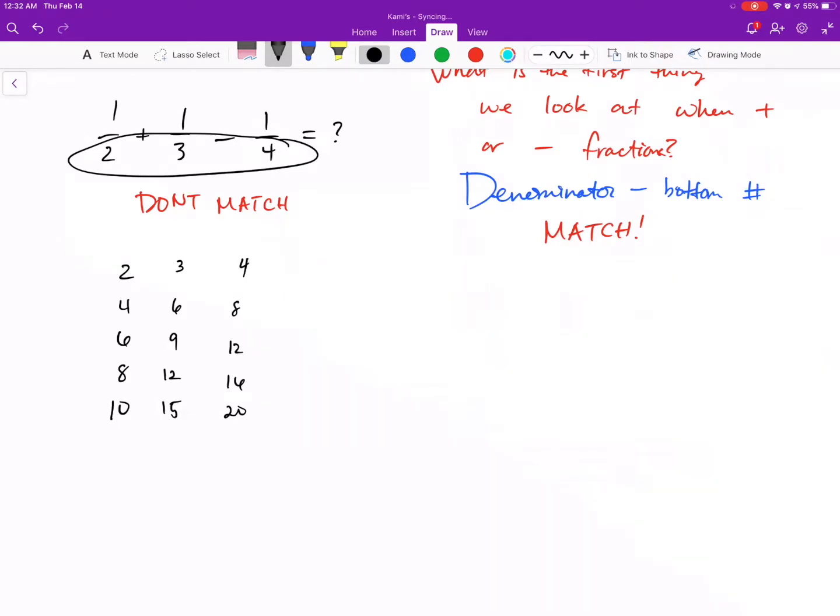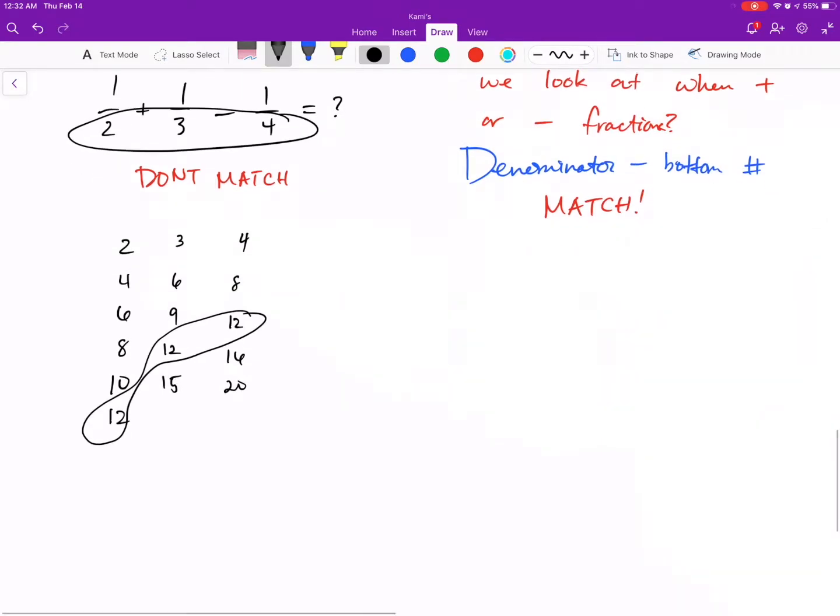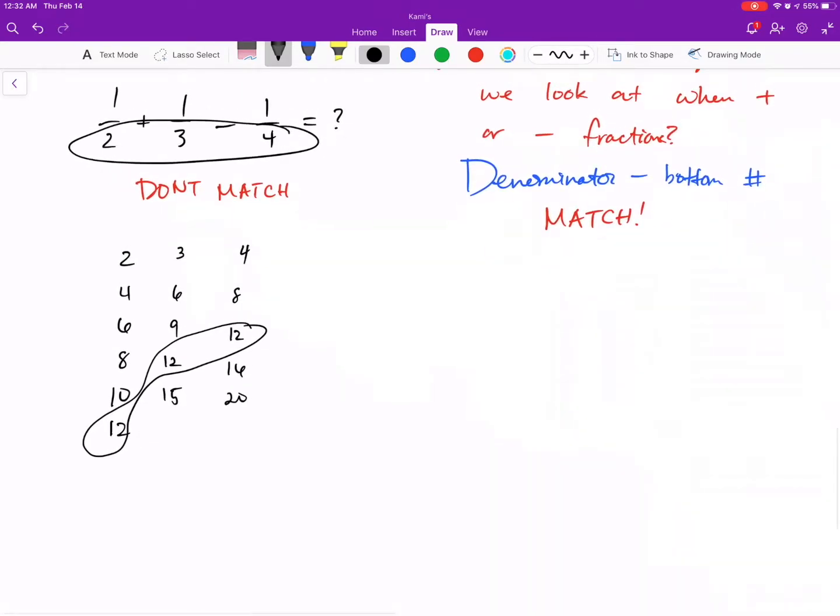I need to go one more on 2, and I get 12, and now I can see a match. We've matched. But sometimes this takes too long, so we need to find a new way.